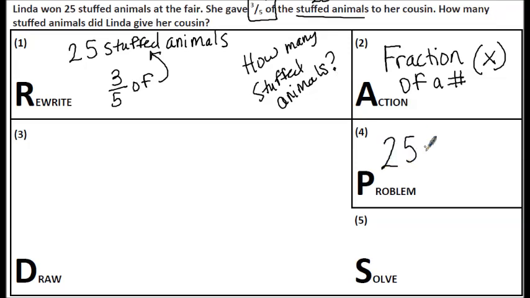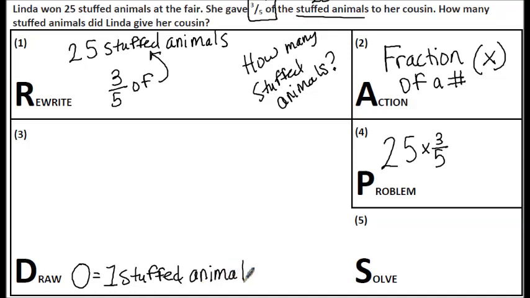So I have 25, and I am taking 3/5 of the 25 stuffed animals. So let's draw a picture to see what's going on here. And I'm not going to draw 25 little teddy bears. I'm just going to use a circle, which is much simpler, to represent one stuffed animal.